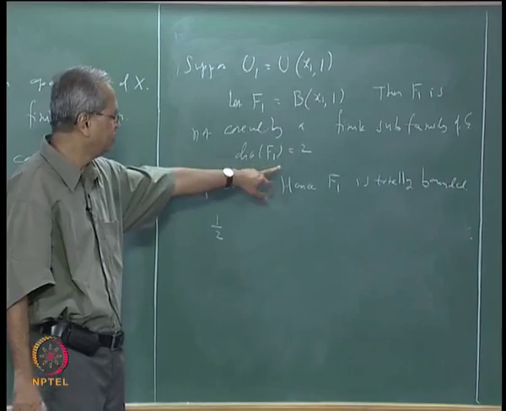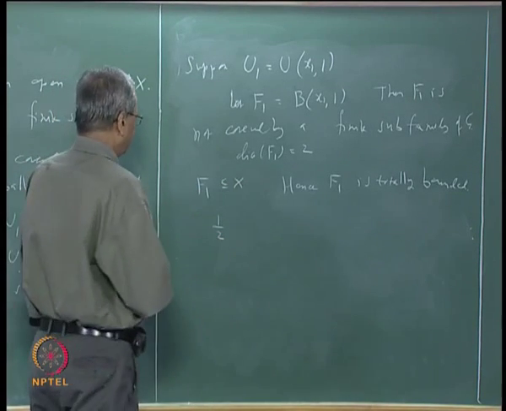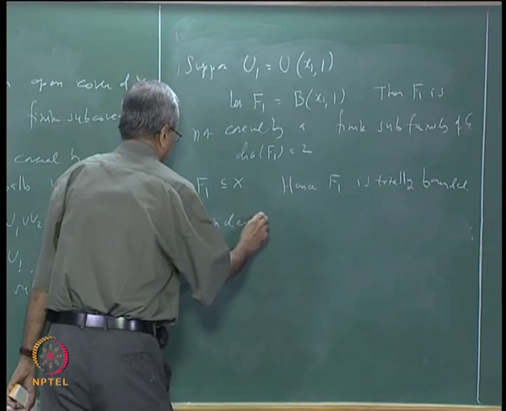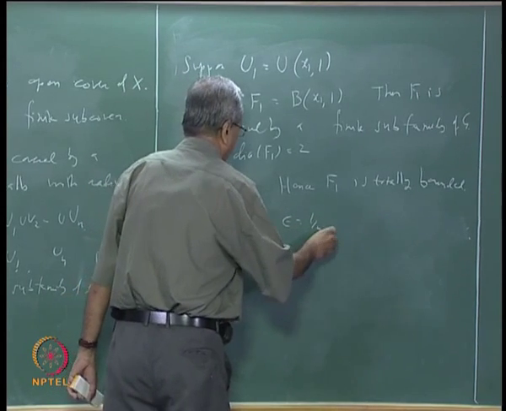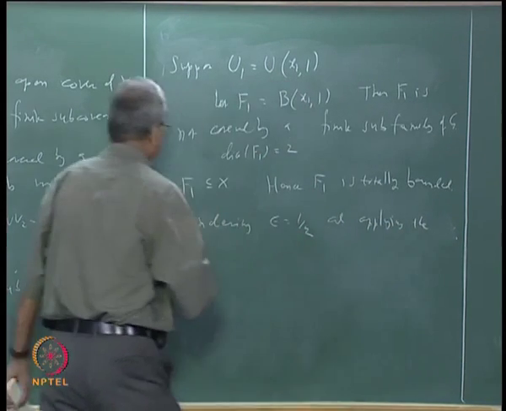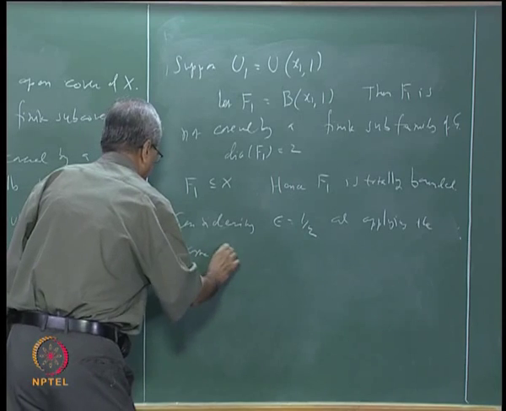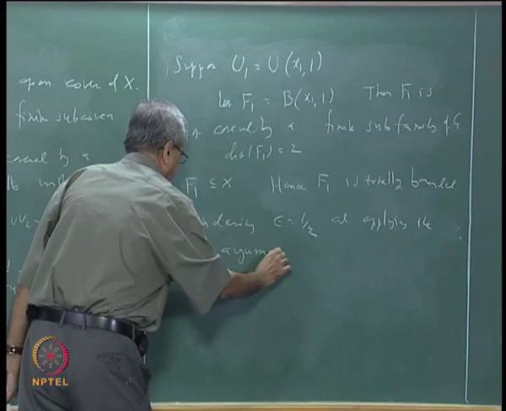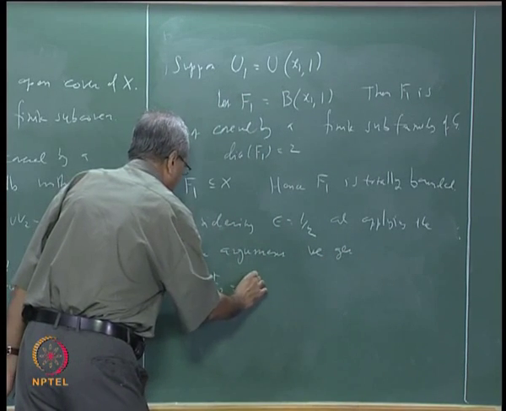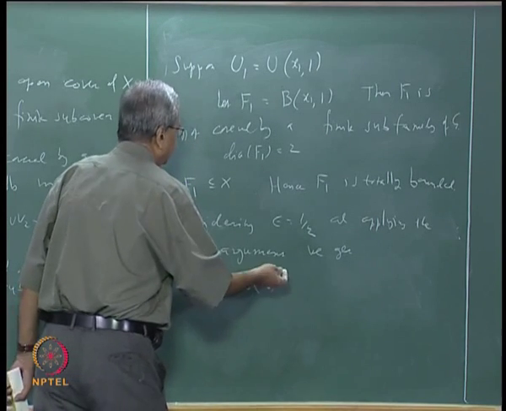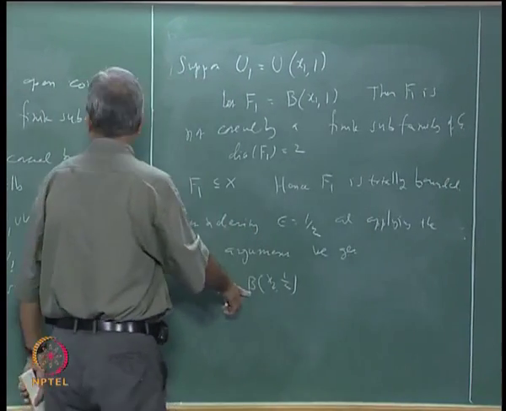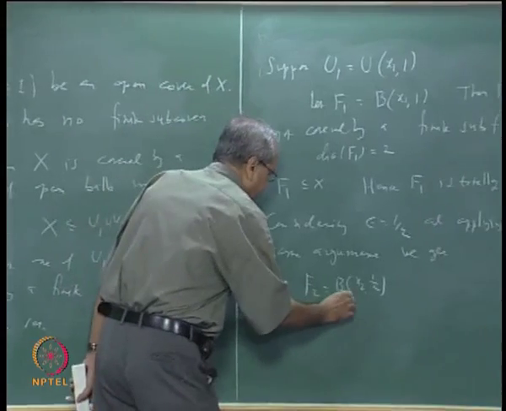So we can say that considering epsilon equal to half and applying the same argument, we get F2 will be a closed ball with, let us say, center at x2 and radius half, which of course is not a ball in X, but it is a ball in F1.